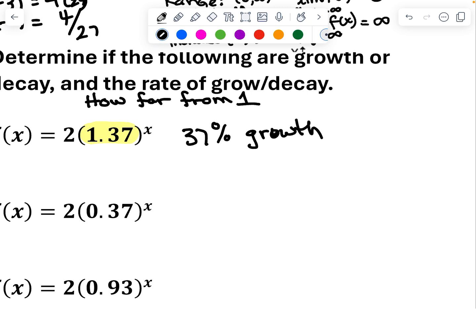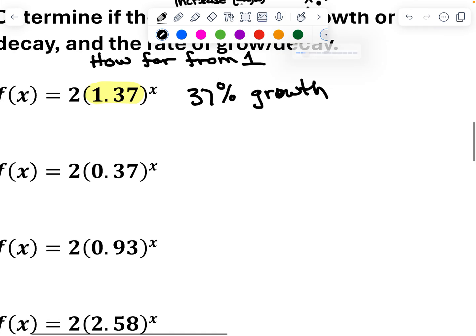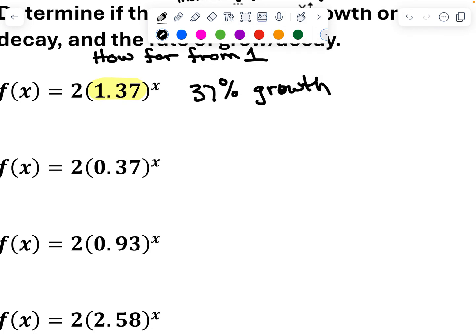There we go. The pen's a little thick. This one is 1 minus 0.37. So it is 0.63. So it is 63% decay.